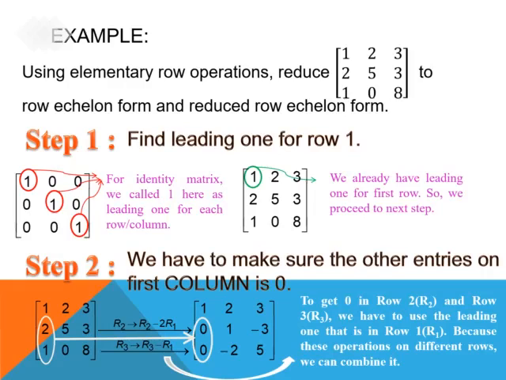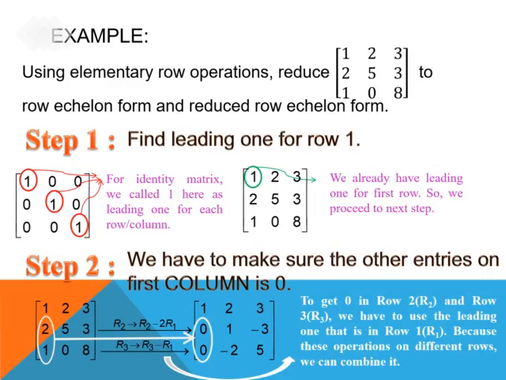So ERO, REF, and RREF. Example: using ERO, reduce this matrix to row echelon form REF and reduced row echelon form RREF.